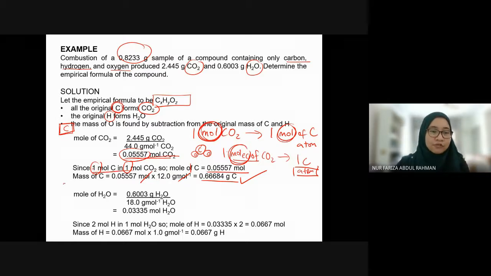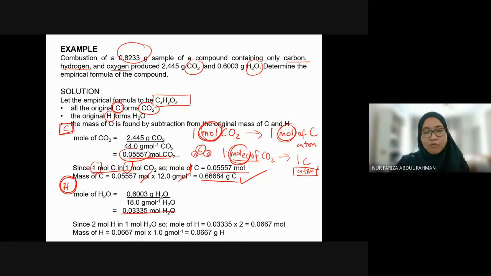Next, let's move on to hydrogen. Misi mencari hydrogen pula. Find the mole of H2O. Next, the relationship: for 1 molecule of H2O, there are two hydrogen atoms. That is only for 1 molecule.